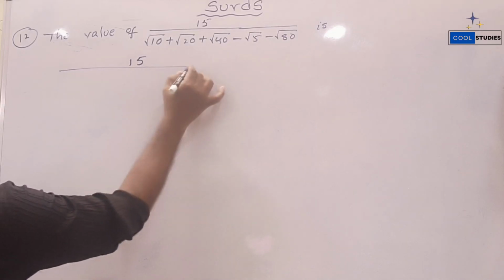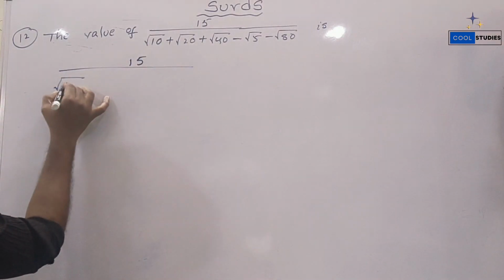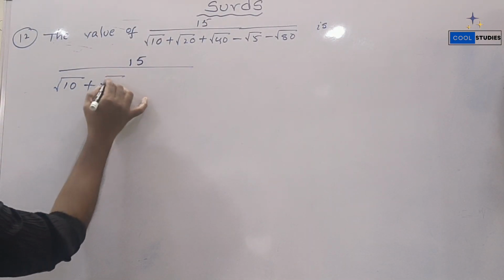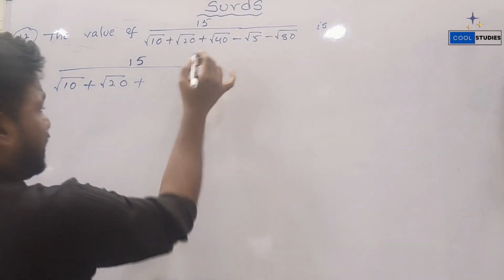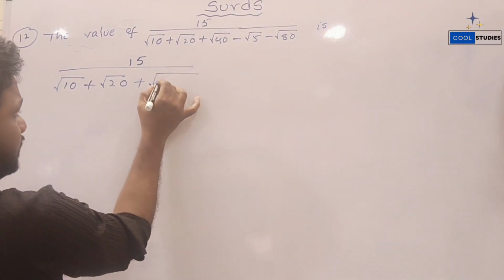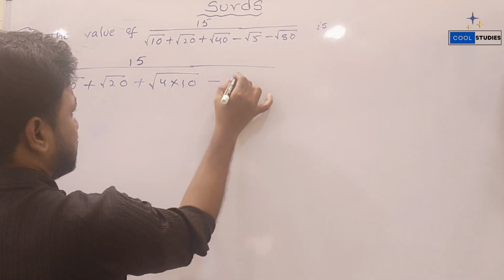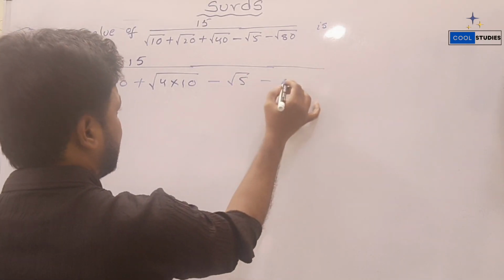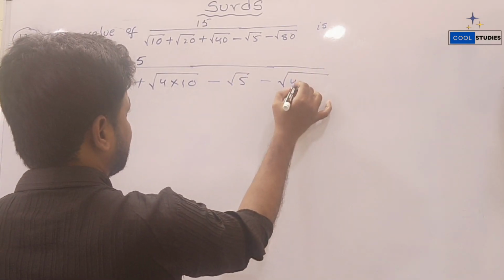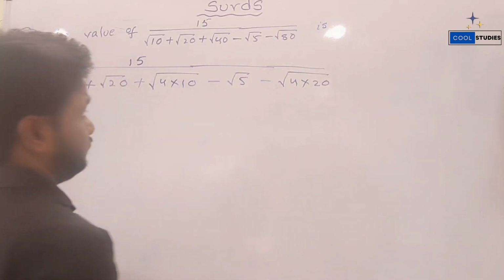15 by root 10 plus root 20 plus root 40, and I am writing 40 as 4 into 10, minus root 5 minus root 80, and I am writing 80 as 4 into 20.